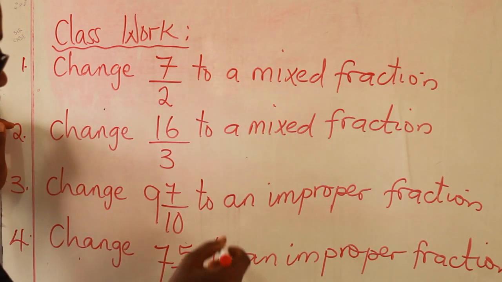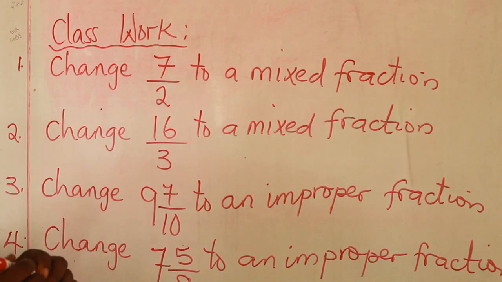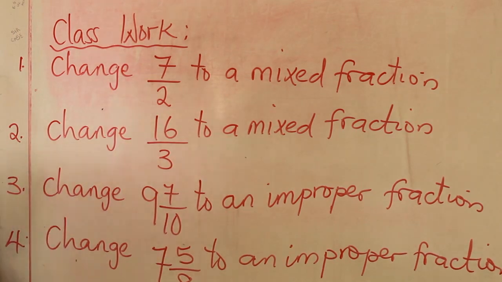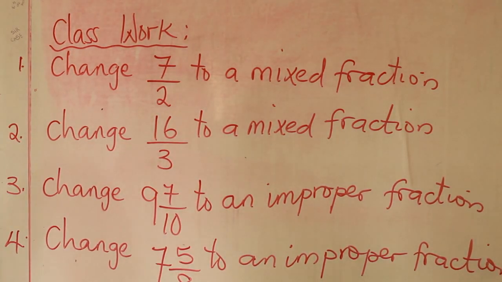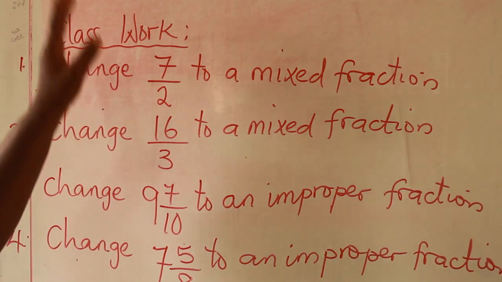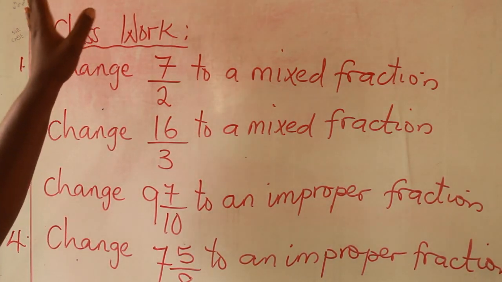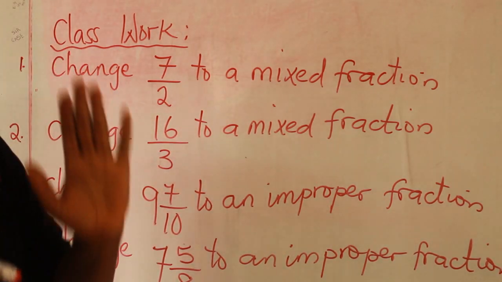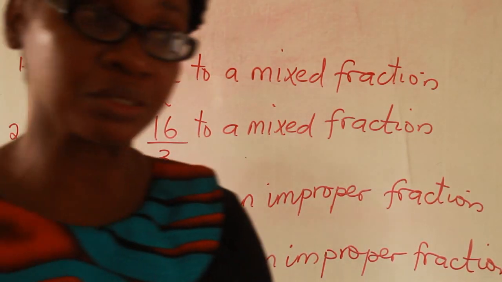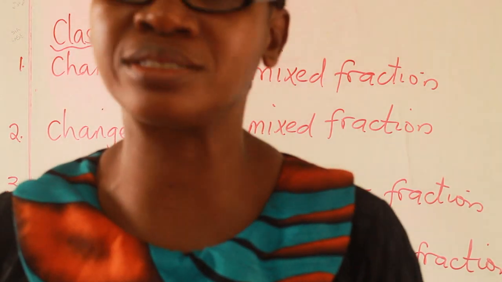Okay. I hope you'll be able to do those 4 at home, so that for next time we are going to meet, I will be teaching us reducing of fractions to their lowest term.